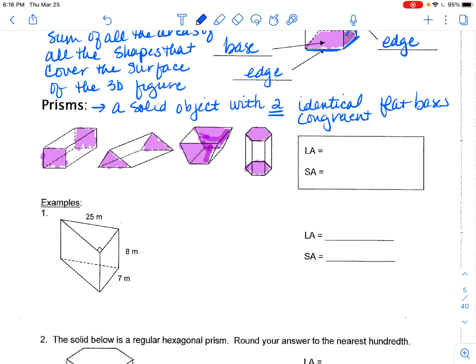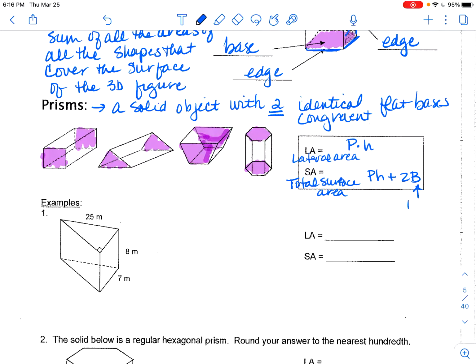LA stands for the lateral area. This is the area of all the sides, and it is calculated with perimeter times height of the figure. SA is total surface area, and that is the lateral area plus the area of the two bases.